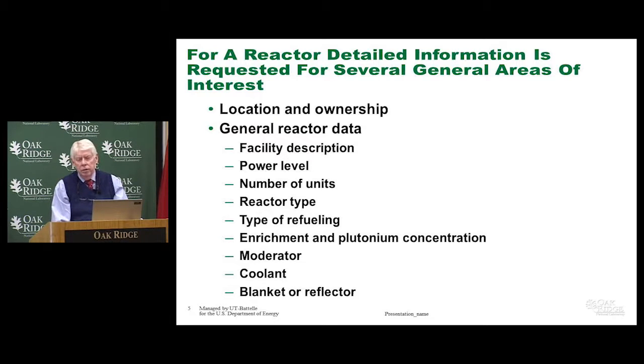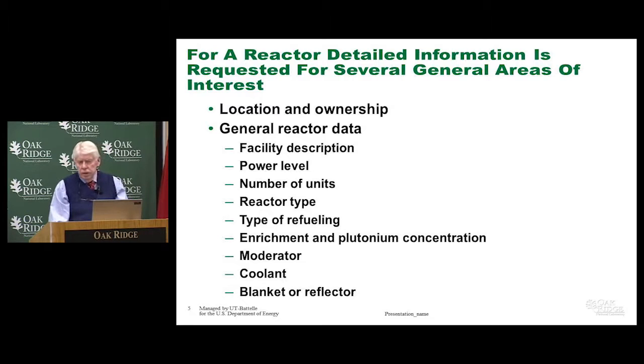In the case of power reactors, it also includes information as to the number of units on the site, what are the power levels that these reactors generally run at, for both research and power systems. What is the reactor type? Is it a pressurized water reactor in the case of a power reactor, or a boiling water reactor? Or in the case of research reactors, there are a wide variety of types, and more descriptive information would be required for those because they are probably not a standardized design except for the TRIGA.